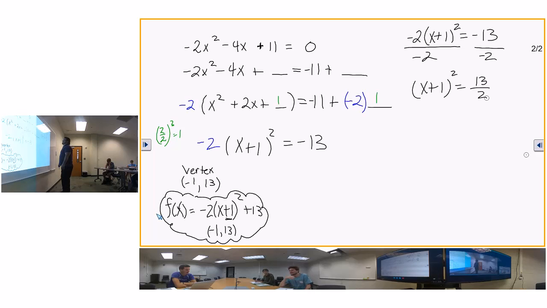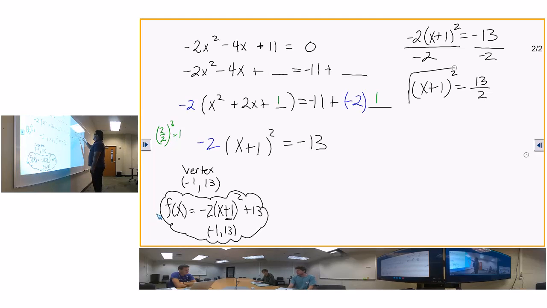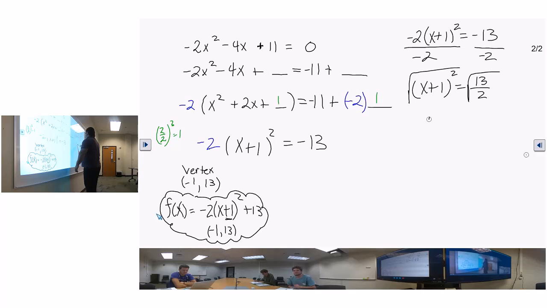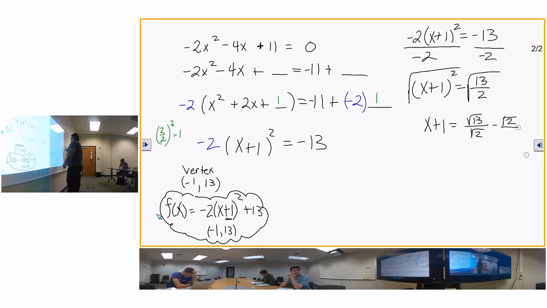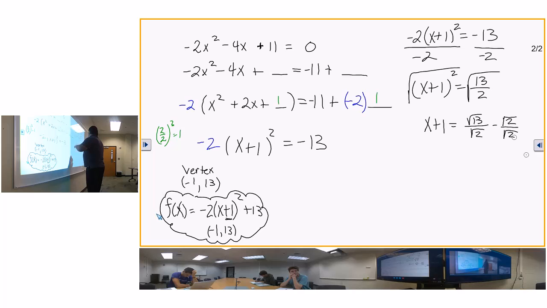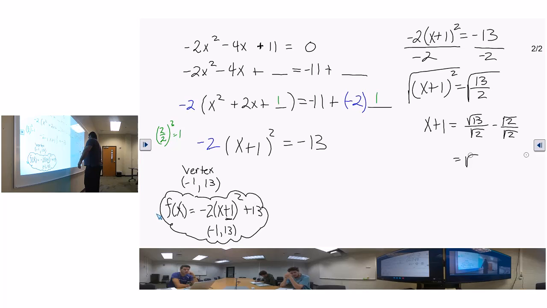So it's not that big of a deal unless y'all want to make it that big of a deal. So x plus 1 is equal to the square root of 13 over the square root of 2, and I'm going to bring over minus the square root of 2 over the square root of 2. What is square root of 2 over square root of 2? 1. So that gives us x equals the square root of 13 minus the square root of 2, over 2.